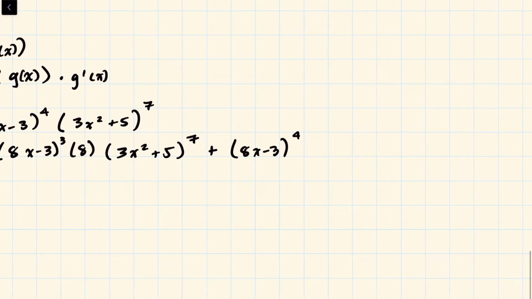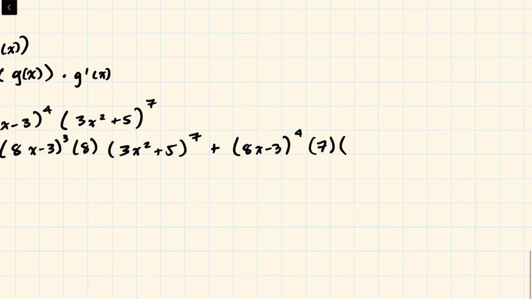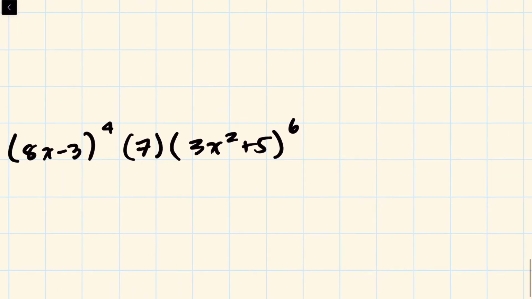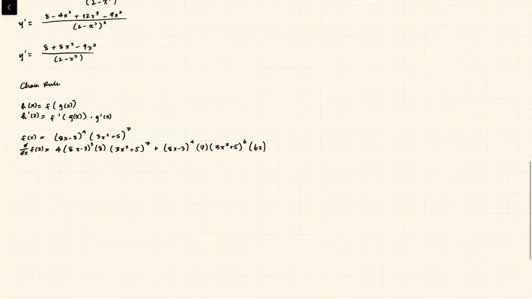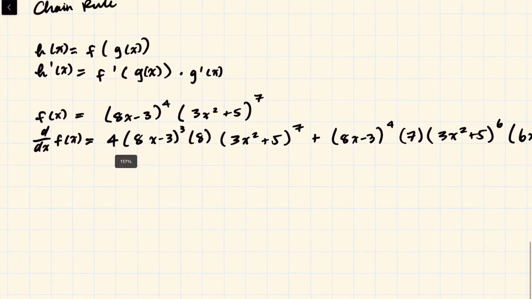So that is 7 times (3x squared plus 5) to the 6th. Then the derivative of the inside is 0 for the constant, and for the 3x squared, the 2 goes in front and it's going to be 6x, because you also subtract 1 from the power. Now that we have this mess, we're going to make it a little bit simpler.